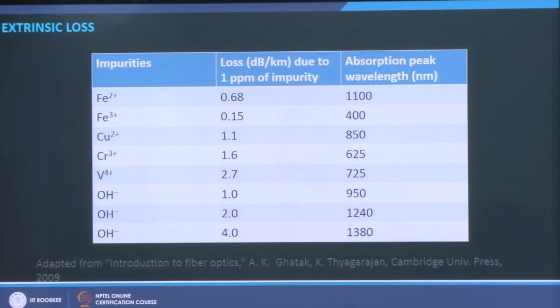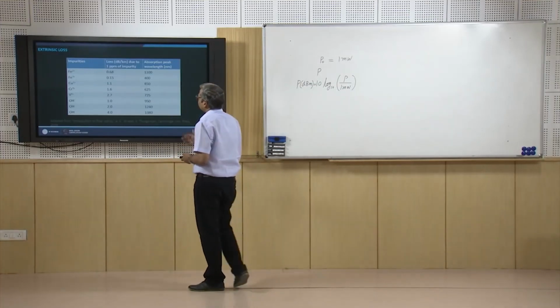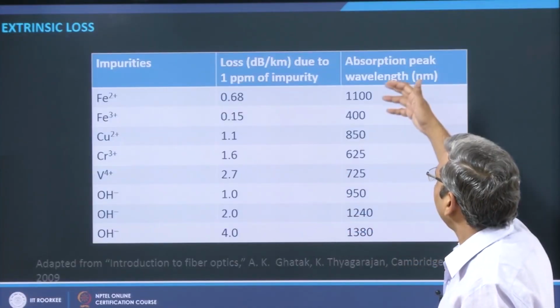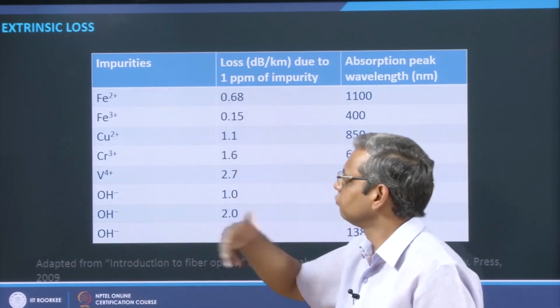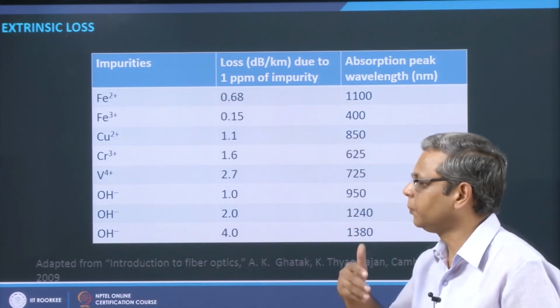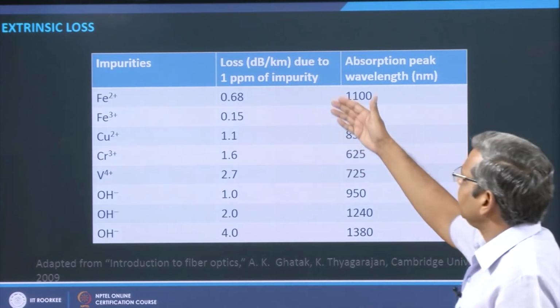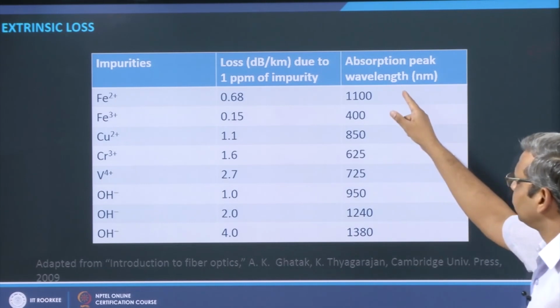Next is the extrinsic losses in an optical fiber, which are caused by various impurities in the fiber. So, here in this table we are showing what the losses are and at what wavelengths they occur due to various impurities, for example, iron, copper, chromium, vanadium and water. This is the loss in dB per kilometer due to 1 ppm of impurity, and these are the absorption peaks.